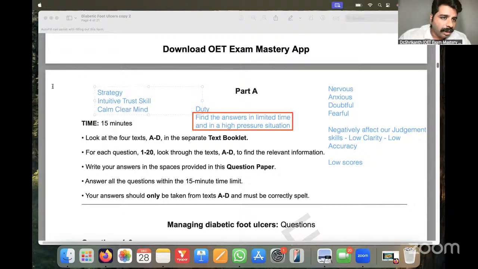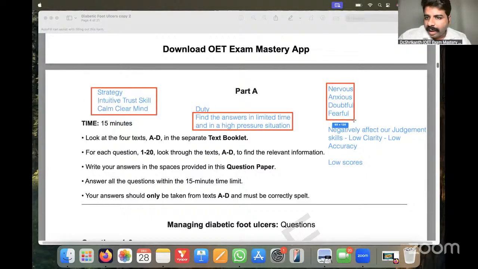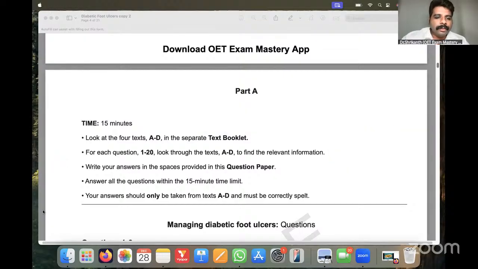Without a calm, clear mind, our strategies are not going to work, because if you have these kinds of negative emotions, then no matter how hard you try, it is definitely not going to help you out. So all of you who are listening to this session, I want you first and foremost to have a very cool, calm, happy mind.